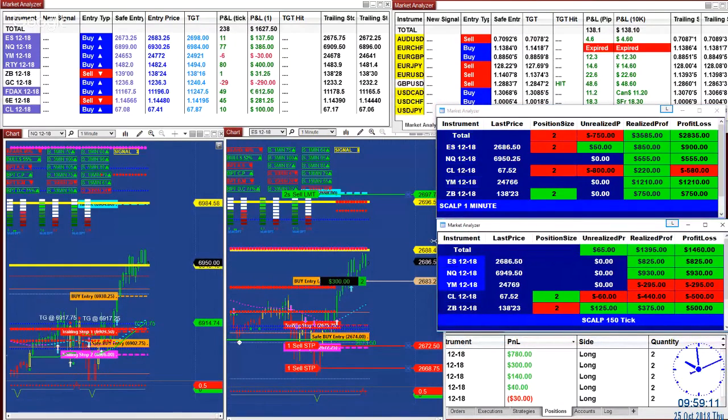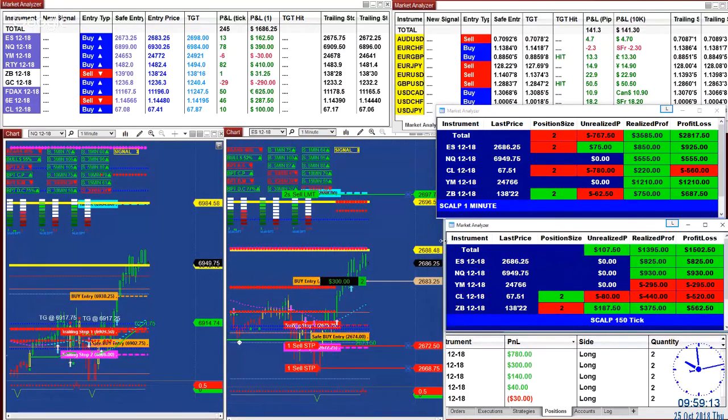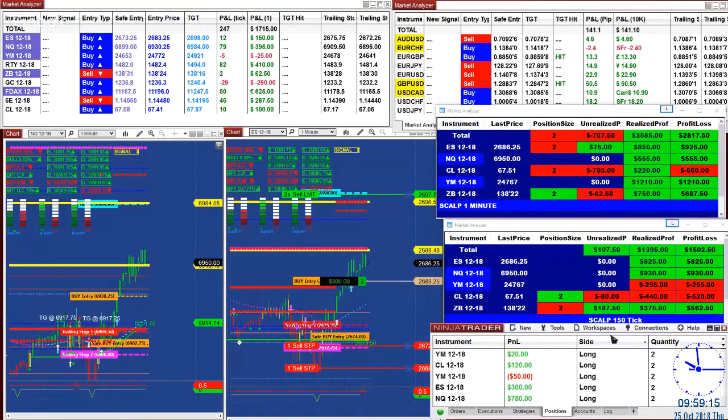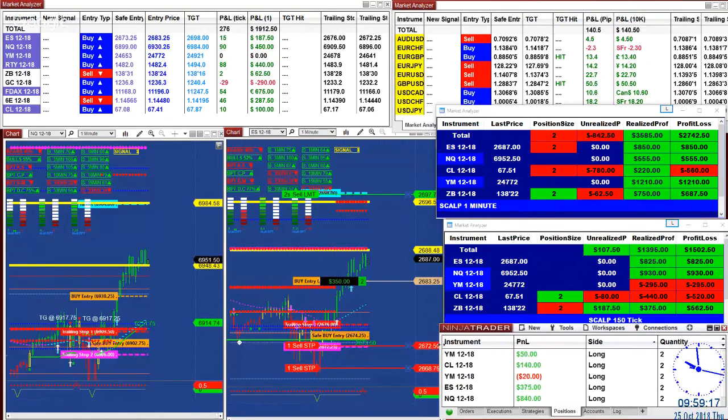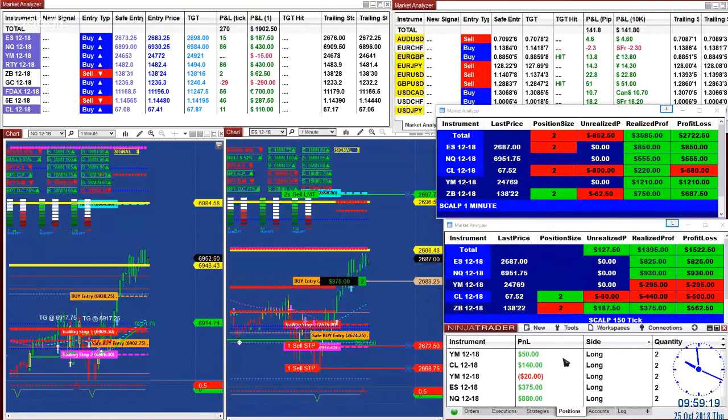And right here is the NinjaTrader with the swing trading, which we have practically finished trading, and we will be sharing the screen and covering a little bit on the swing trading as well.